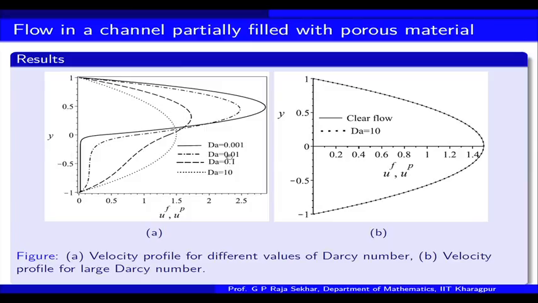Further you reduce the Darcy number, the velocity is further less and that is being adjusted in the clear flow channel. Further, if the Darcy number is very low, that means whatever volume flux is coming has to be completely adjusted in the upper clear flow region. Therefore, you have such large velocities there and very small velocities within the porous region because of the low permeability.